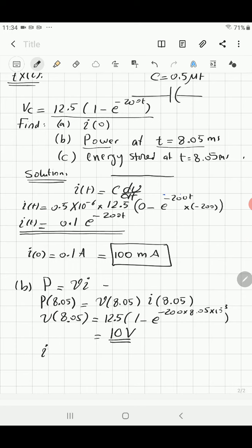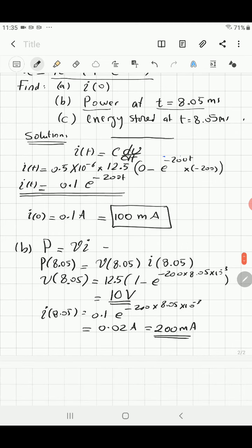And for the current, I have the current at time t. Substitute 8.05 in the equation of 0.1 e to the minus 200t, where t is equal to 8.05 times 10 to the minus 3. Doing it in the calculator will give us 0.02 ampere, which is equal to 200 milliampere. So that's the current at this specific time.